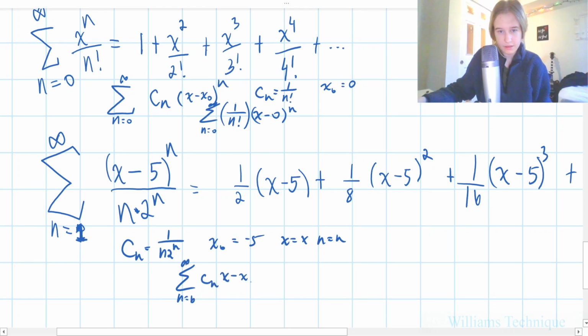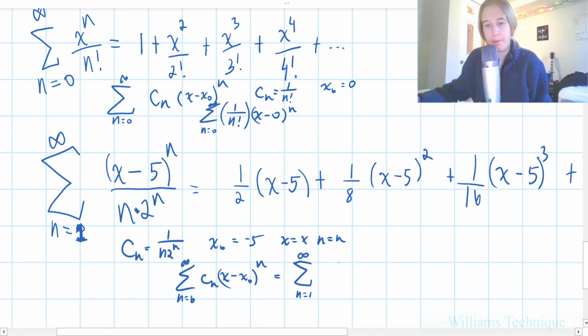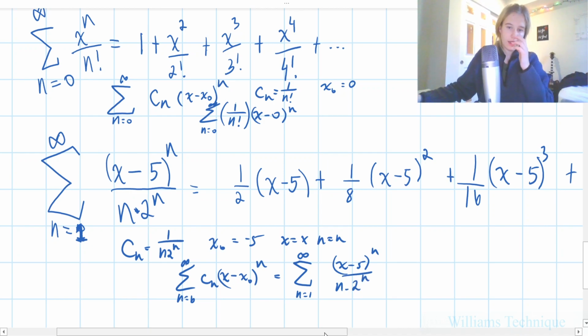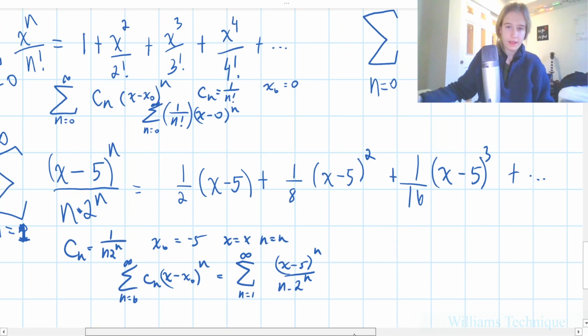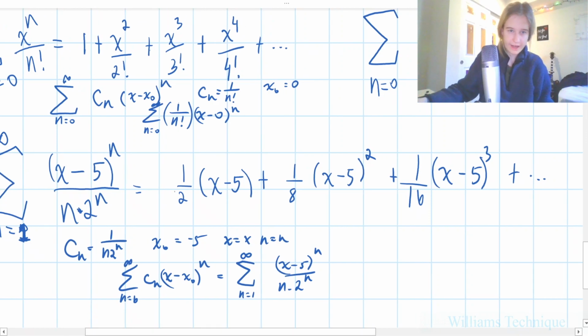Therefore, if we put this into our power series formula, then we have the sum from n equals 1 of (x minus 5) to the n over n times 2 to the n.